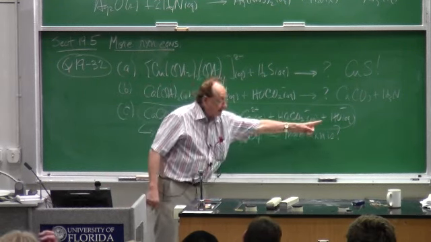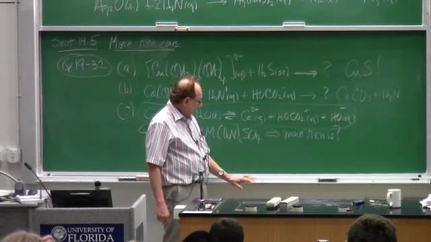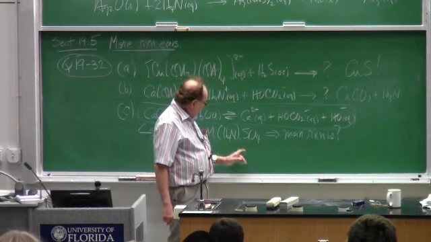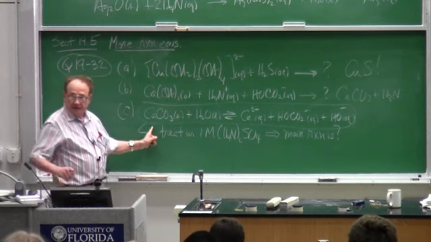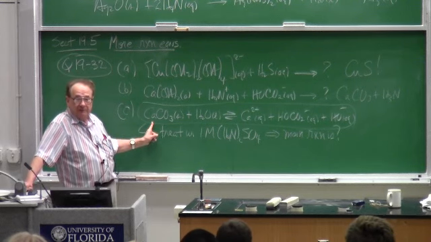Ammonium ion plus hydroxide ion? Ammonium ion plus bicarb ion? Sulfate ion plus calcium ion? Or how about ammonium ion plus sulfate ion with calcium carbonate? Isn't that the main component of the system that we prepared initially?